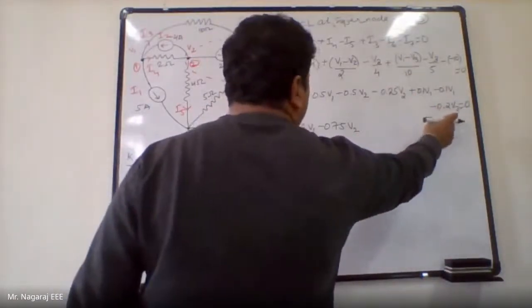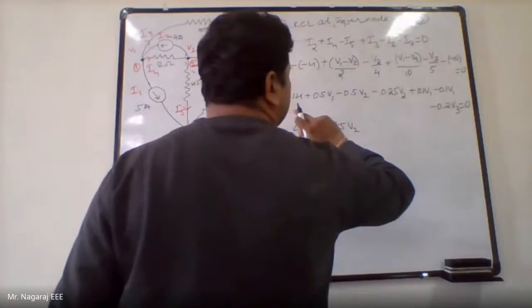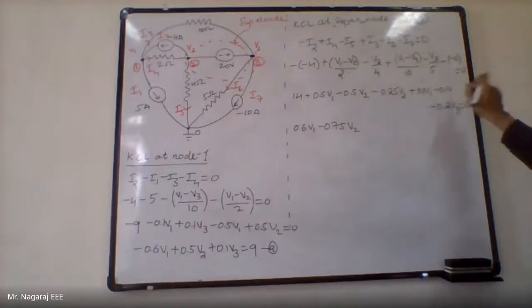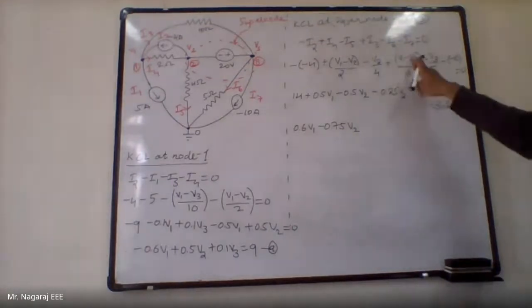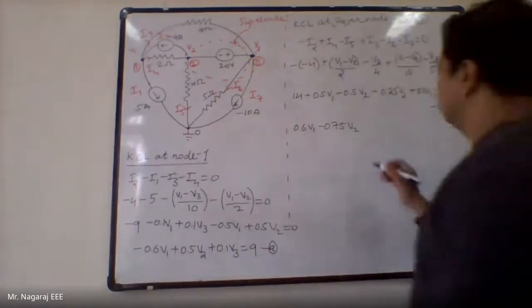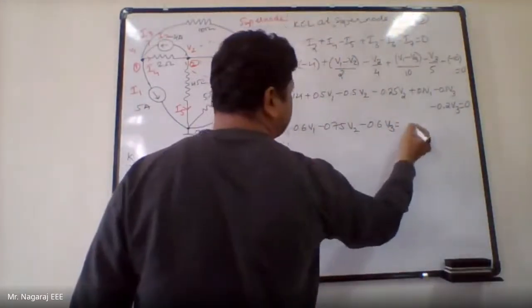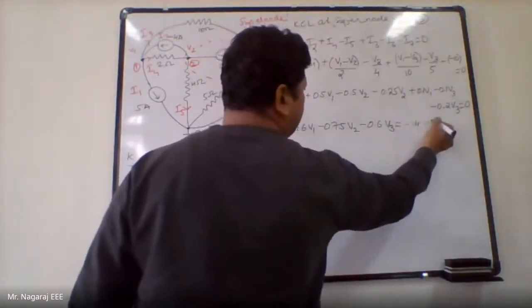Minus 0.2 V3. Somewhere some mistake had happened. That's 0.1 V1 minus 0.1 V3, plus 0.1 V1, 0.1 V1 minus 0.1 V3. So this is minus 0.6 V3 is equal to minus 14.